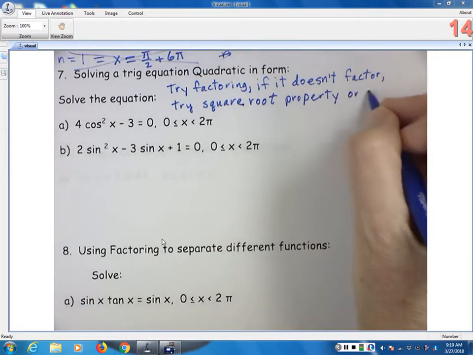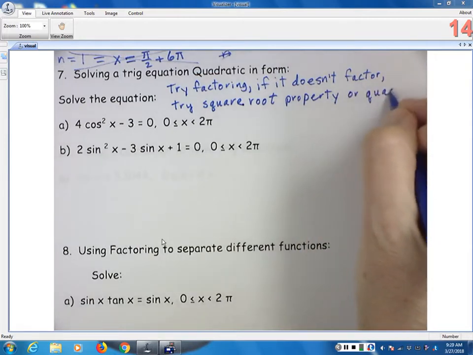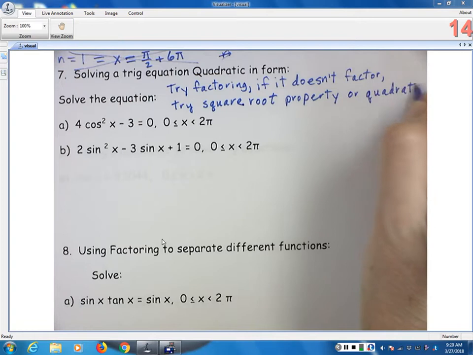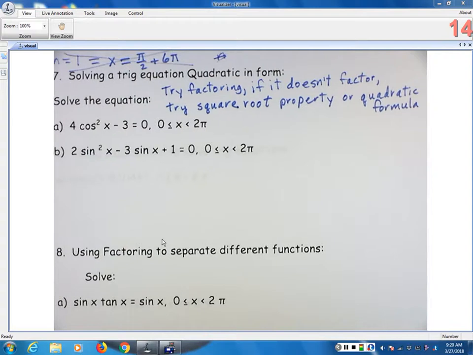I don't think there's any on the test where you use the quadratic formula. So there's some old skills.